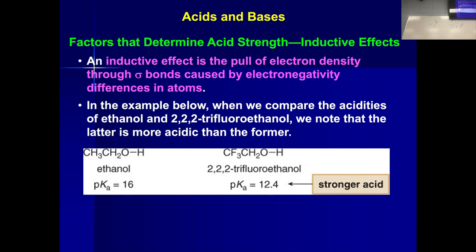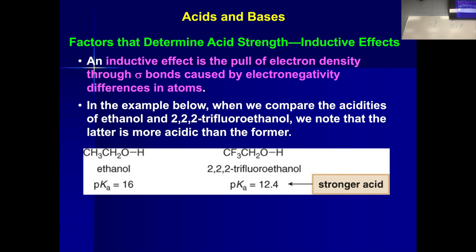Why is that? Well, I have to look at the anions. So if I imagine them losing their hydrogen, it's not the element effect because the negative charge is on the same element in both of them. Oxygen is oxygen. But there's something going on with these fluorines that's making this more stable.